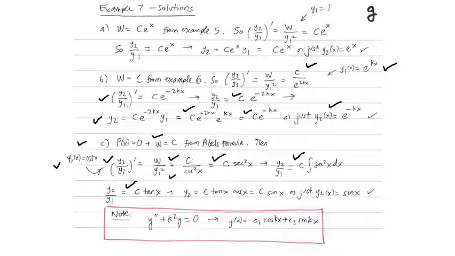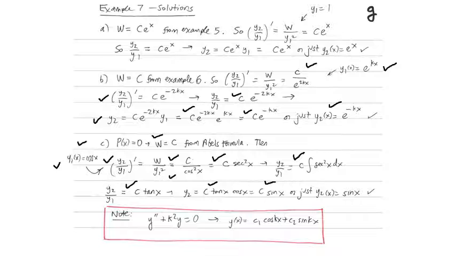So y2 over y1 is a constant times tangent x, which we then solve for y2 and plug in y1 is cosine x, and of course tangent x times cosine x is just sine x. So that gives us y2 is c sine x for our second linearly independent solution.